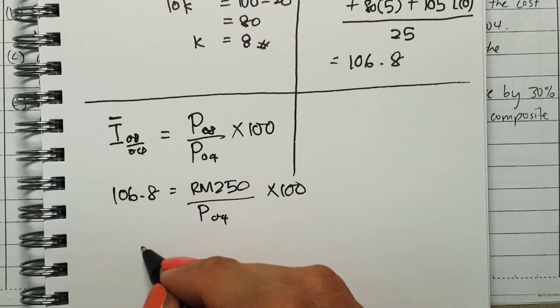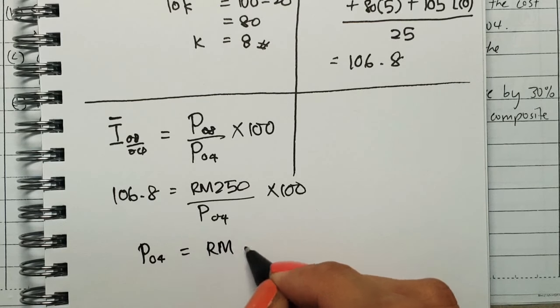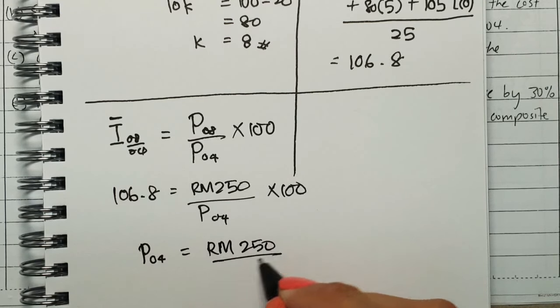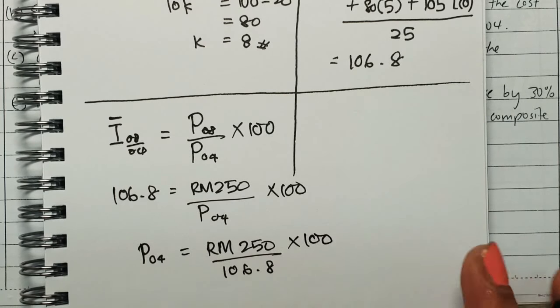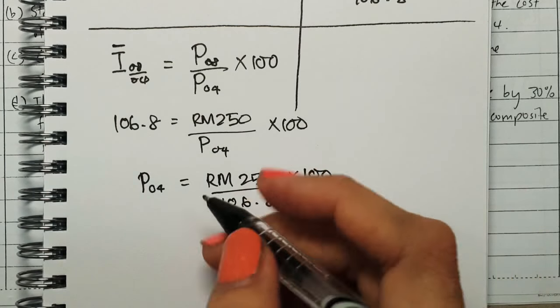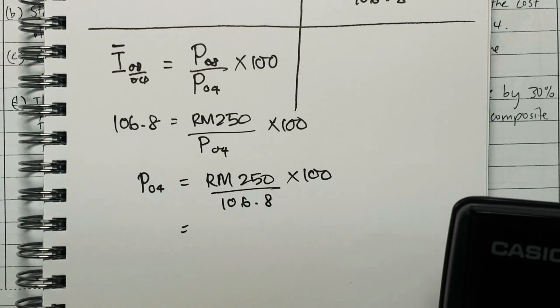So in this case, the price in 2004 went up. So RM 250 is the selling price at 106.8% times the original 100%. That's why I say the price index is actually the concept of percentage.